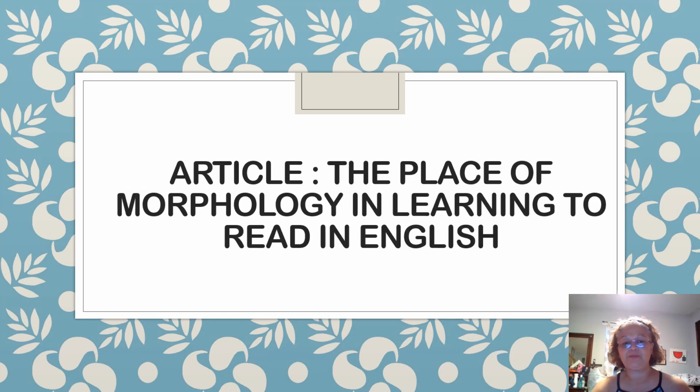In my article, The Place of Morphology in Learning to Read in English, written by Kathleen Rastle, 2019. Rastle 2019 defines morphology as a major organizing principle of English and other alphabetic languages, but has been largely neglected in theories of reading acquisition.